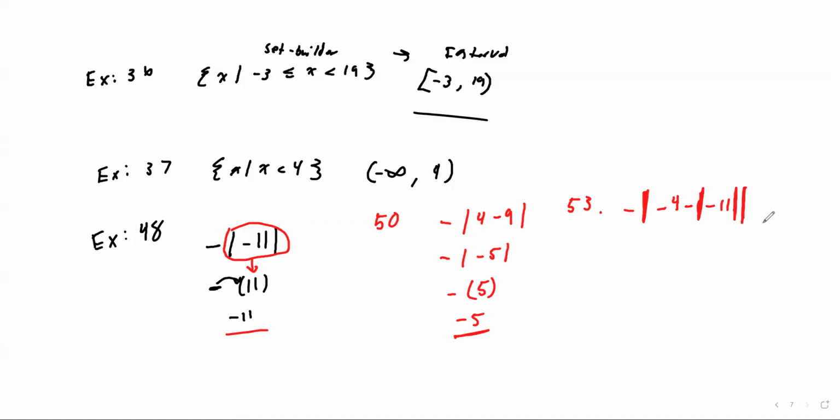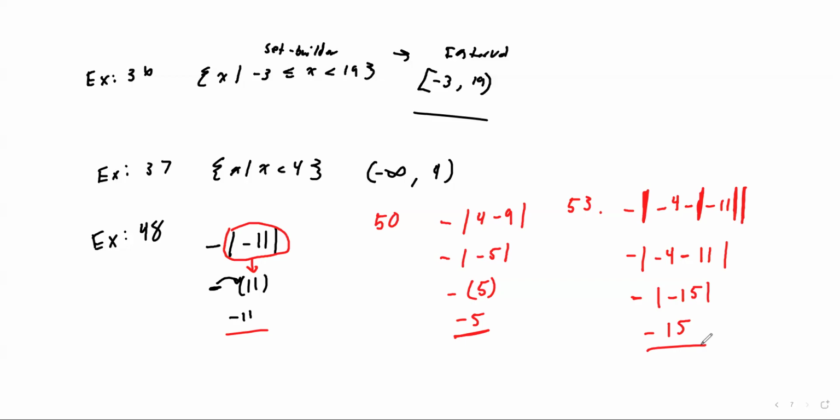Here is my first group in absolute value, and within the absolute value, I have another absolute value. So the absolute value of negative 11 is 11, right? That whole thing gives a positive 11. Now I'll do inside this absolute value, so negative 4 minus 11 gives me negative 15. Now I'll work out this absolute value, so the absolute value of negative 15 is 15, and then I apply the negative at the end.